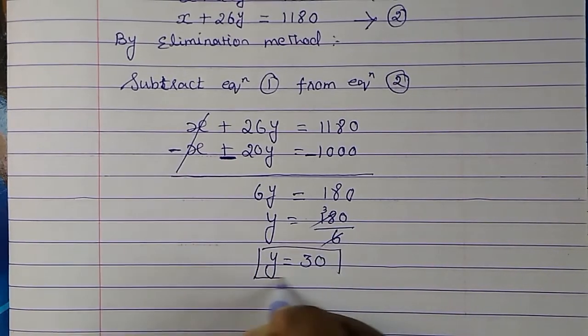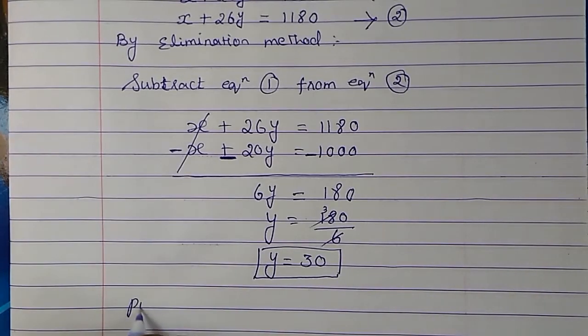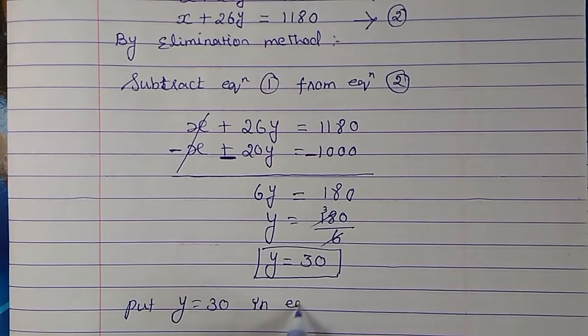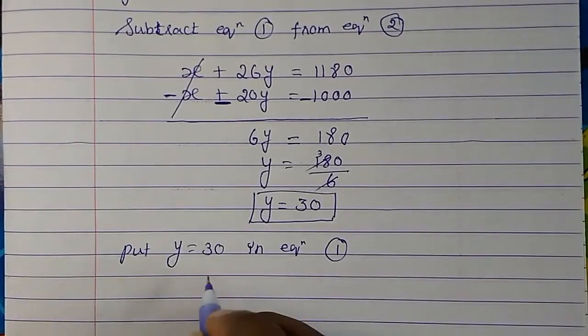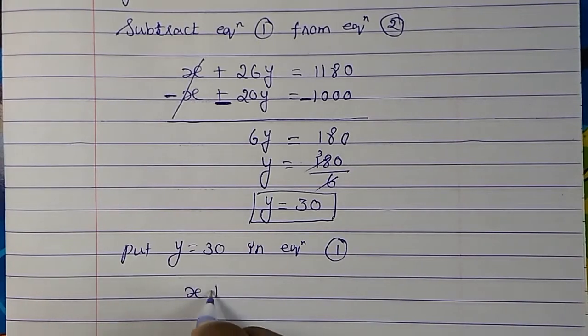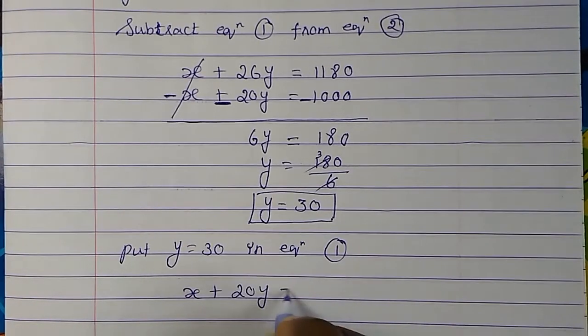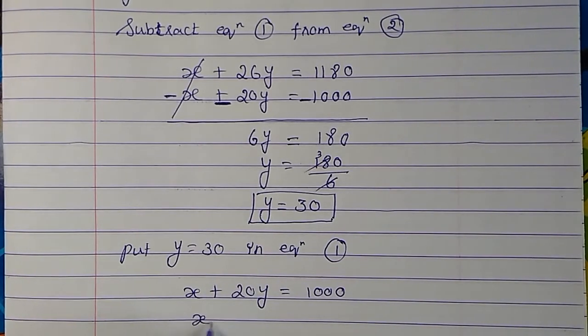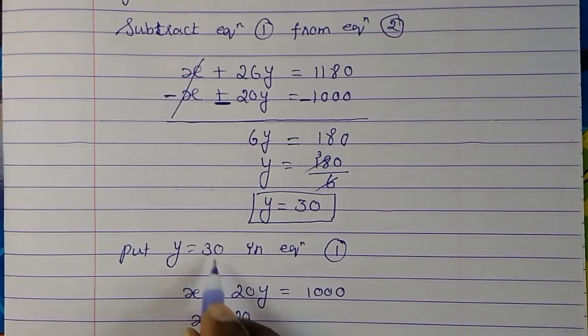So we got the y value. So let's put y equal to 30 in equation 1. Any one equation you can put it. Equation 1 is x plus 20y equal to 1000. So the x value we have to find out. The y value we found out, that is 30.